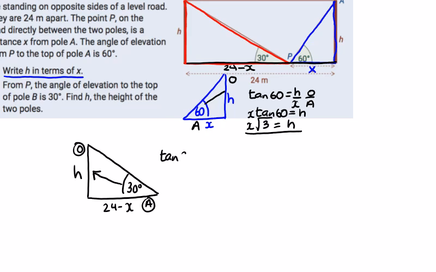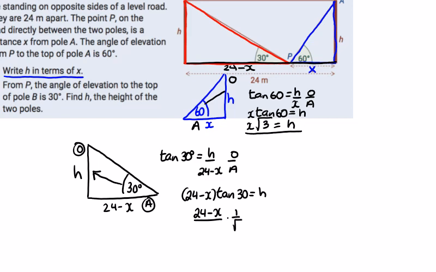The tan of 30 degrees is equal to O over A, which is h over 24 minus x. So 24 minus x by the tan of 30 is equal to h. And tan 30 is 1 over root 3. So 24 minus x by 1 over root 3, which just moves the root 3 onto the bottom, is equal to h.